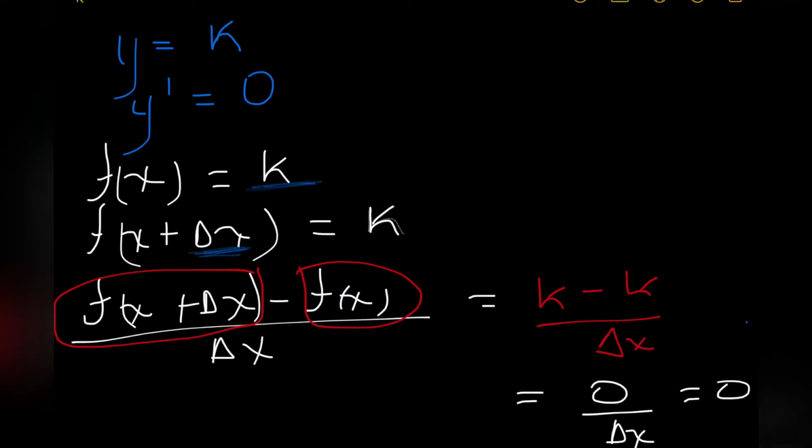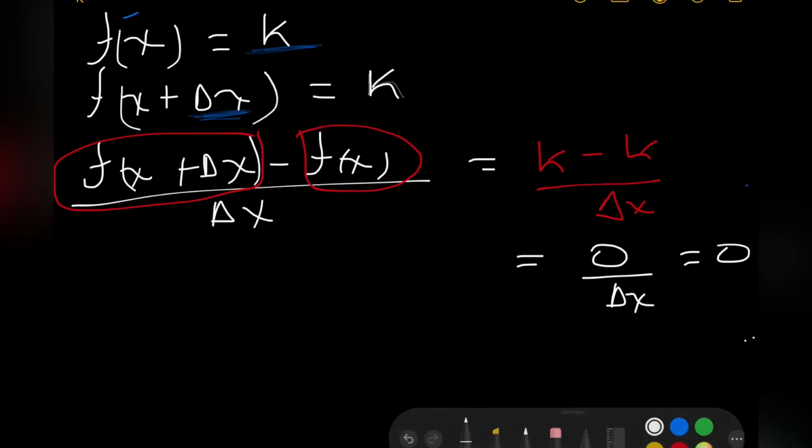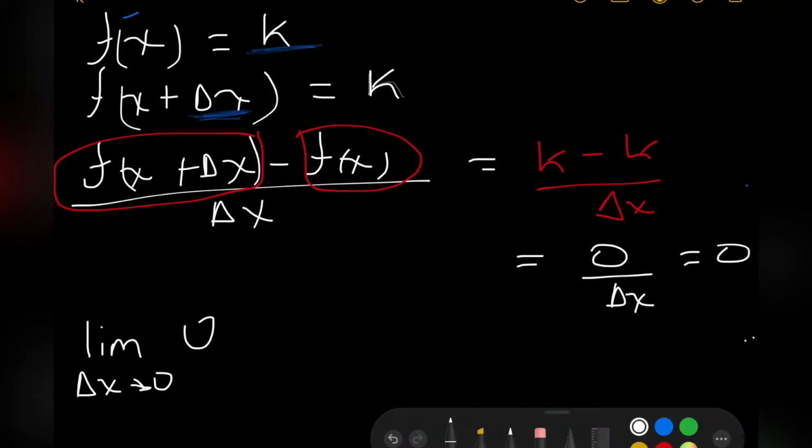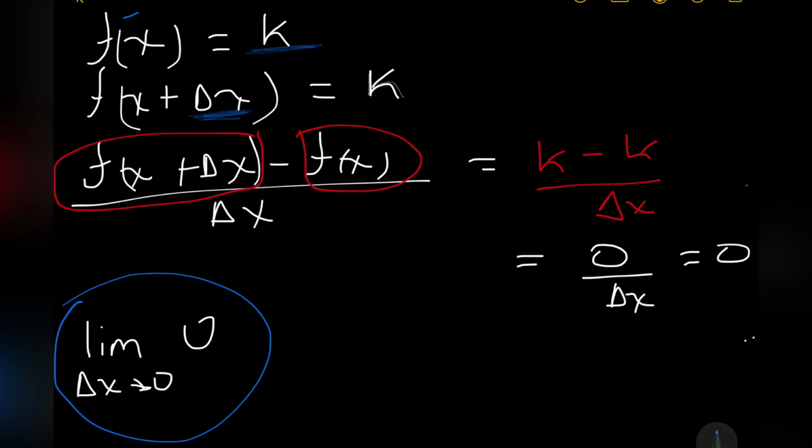So let's do that. So we're going to find the limit of 0 as delta x approaches 0. Again, 0 is a constant. So when we find the limit of the constant, we get the constant. So the limit of 0 as delta x approaches 0 is equal to 0.